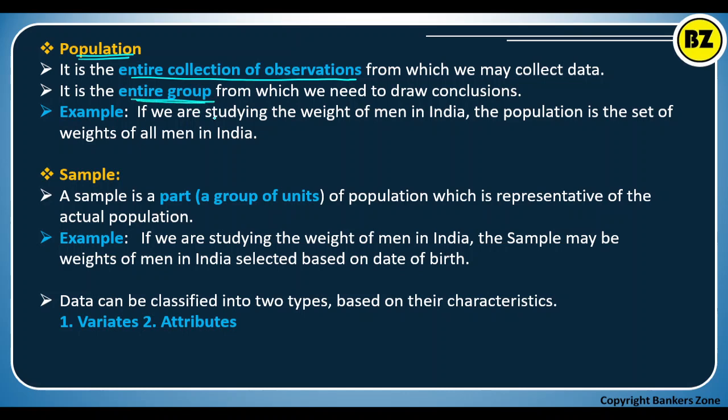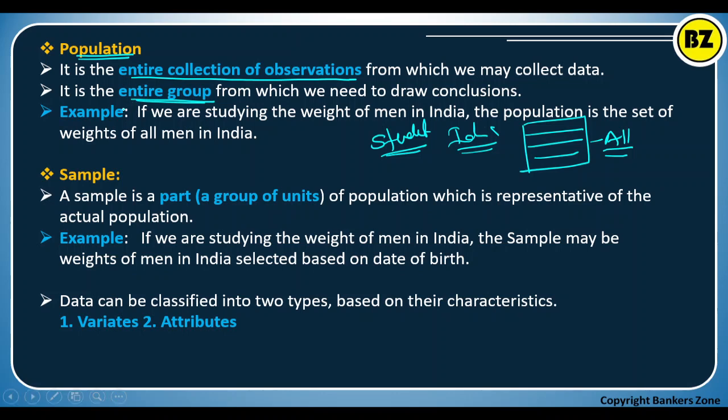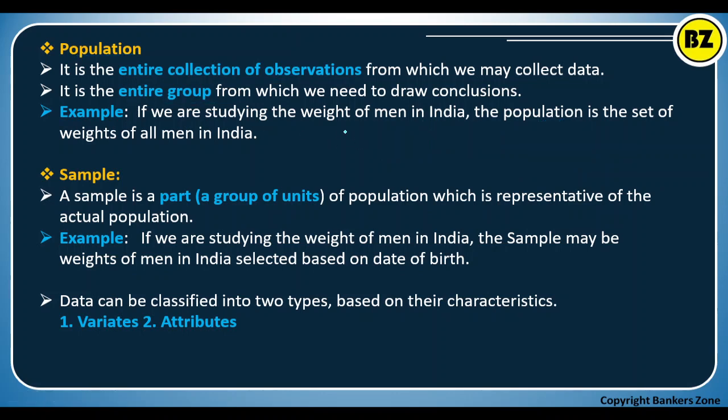Now suppose I have to find how many students there are in India. How can I find that? I have to take note of all the students studying in India. So that will be my population. Let me give one more example.